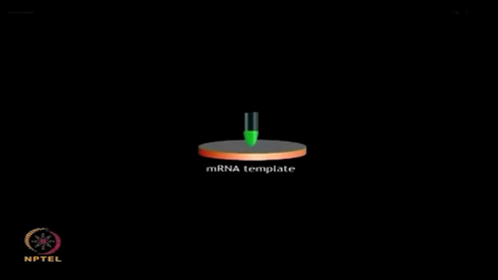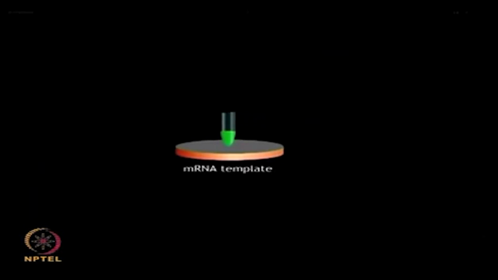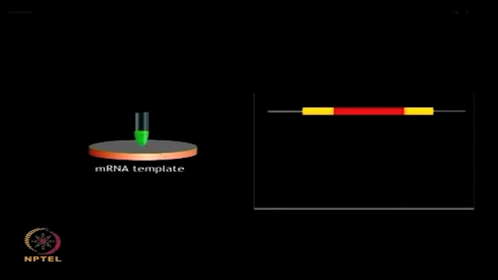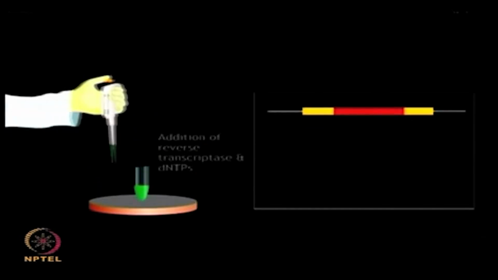Reverse transcription PCR is used to generate multiple copies of DNA with RNA as the starting material. The template RNA molecule is first reverse transcribed into the corresponding cDNA by means of the enzyme reverse transcriptase.